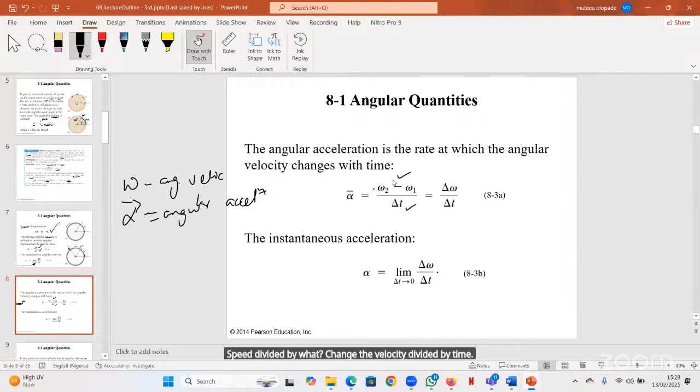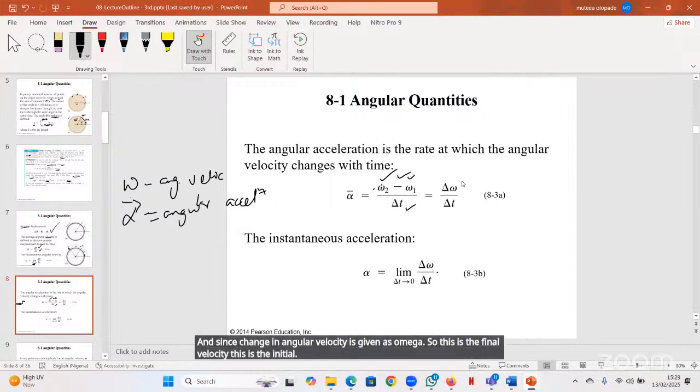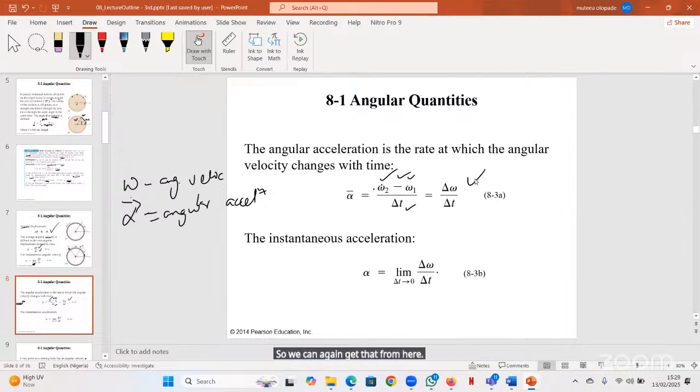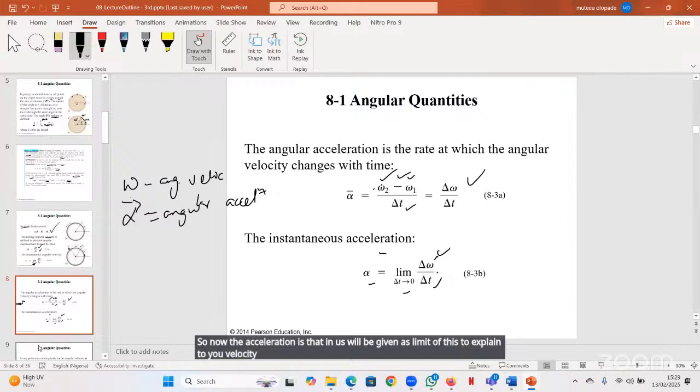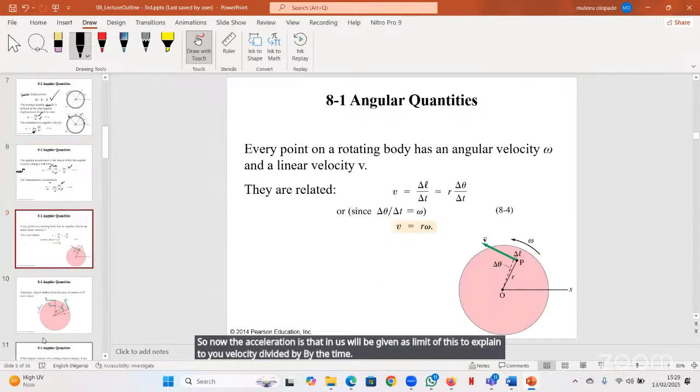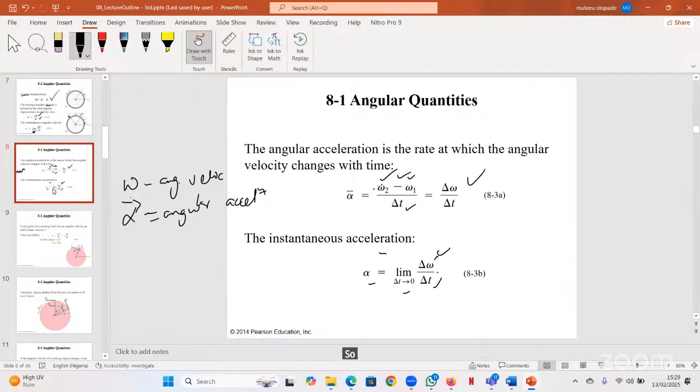Since change in angular velocity is omega final minus omega initial, we can get that from here. So now the instantaneous acceleration will be given as the limit of this change in velocity divided by the time. Any question with respect to this? No, sir. Okay, thank you.